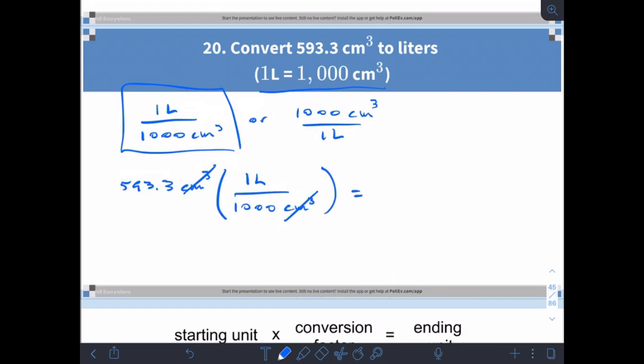So I should get an answer of 0.5933 liters. Now, if you have your calculator set in scientific notation, this would also come out to be 5.933 times 10 to the minus 1 liters. Okay, both of those things mean the same thing.